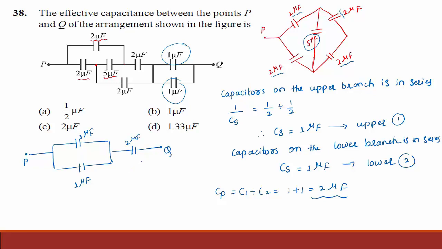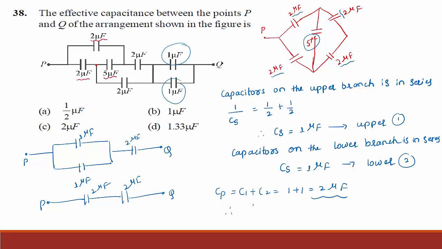Now here you can observe 2 microfarad, and this is also a parallel combination. So here also I can write 2 microfarad, because they are in parallel combination. Here also it is 2 microfarad, and this is terminal Q. Now these two are in series combination.